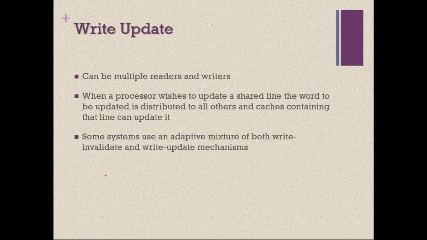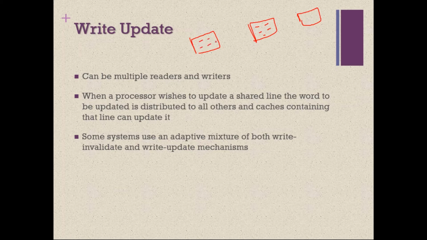So there are many processors. One of the processors wants to perform a write operation on a specific line. In a line it is going to modify only a few words. It is not going to modify all the words. Even if it modified all the words, that's not an issue.